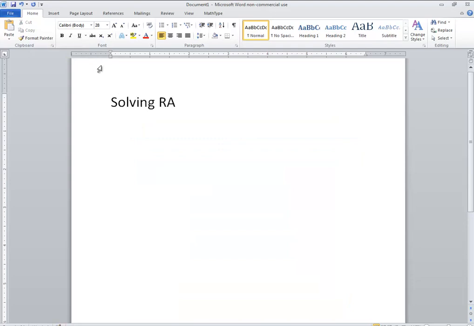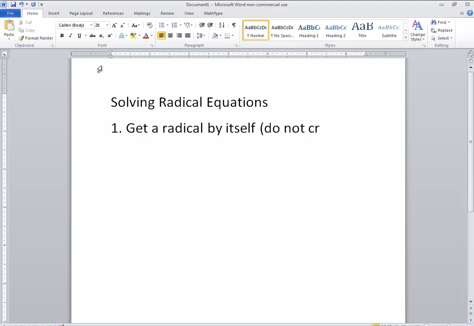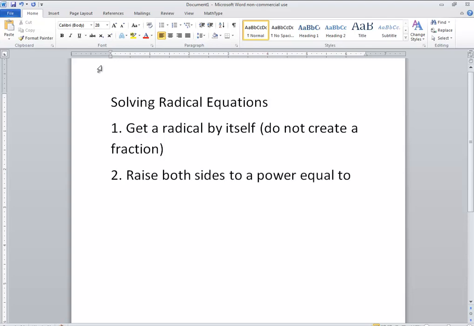Solving radical equations. Step 1: Get a radical by itself. Do not create a fraction. Step 2: Raise both sides to a power equal to the index.